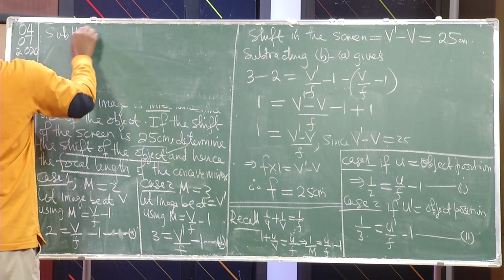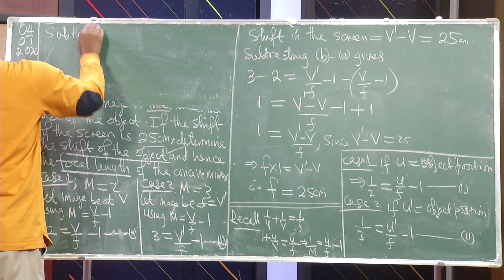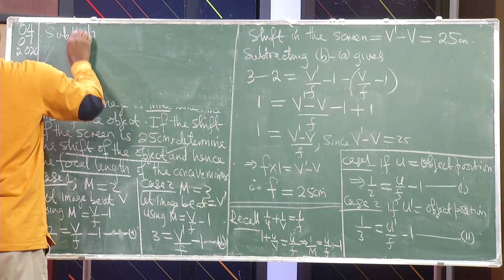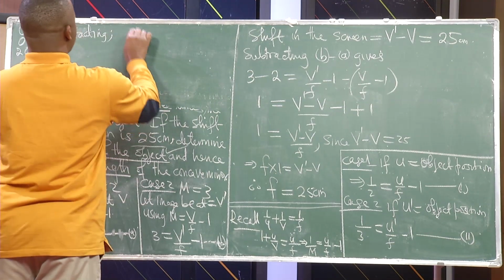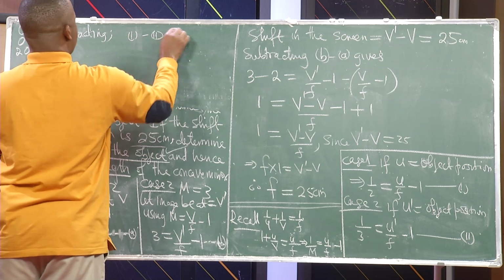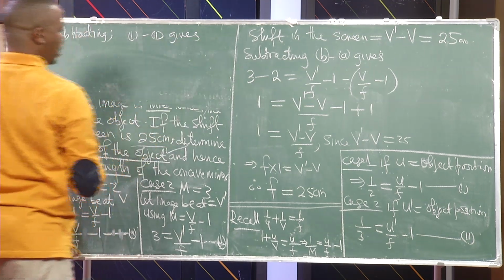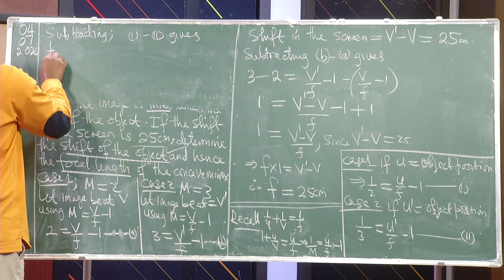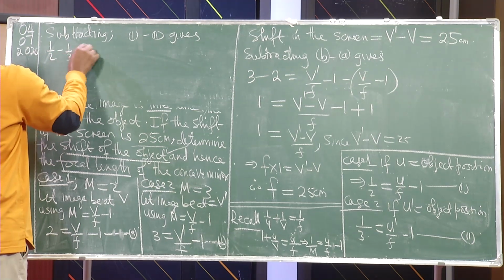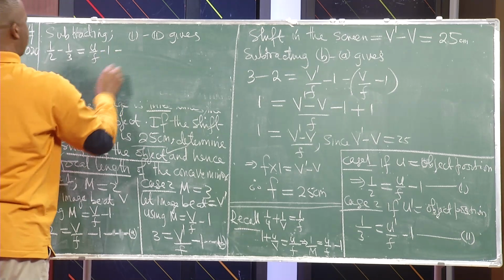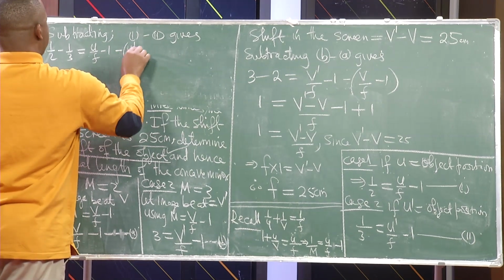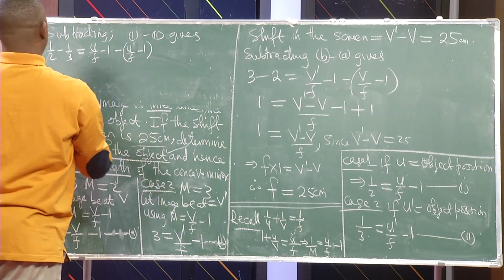Subtracting 1 minus 2 will give us that a half minus a third will be equal to u over f minus 1 minus u prime over f minus 1.